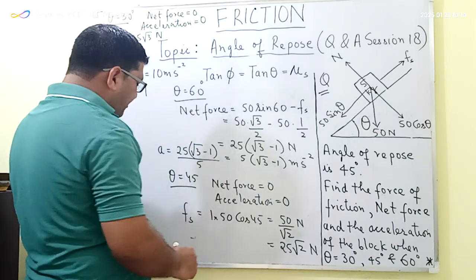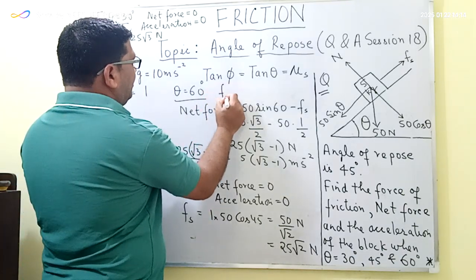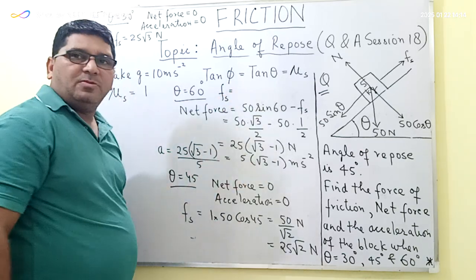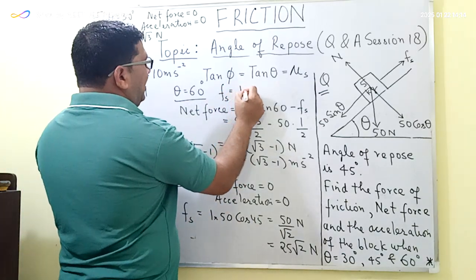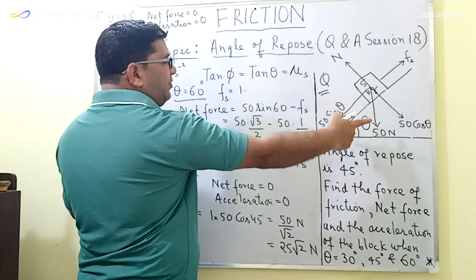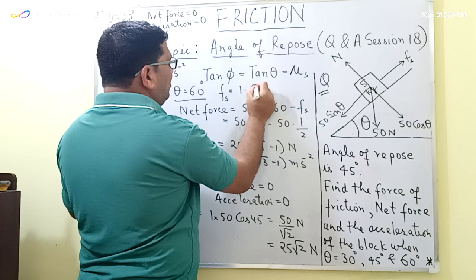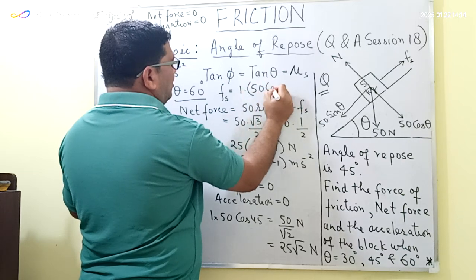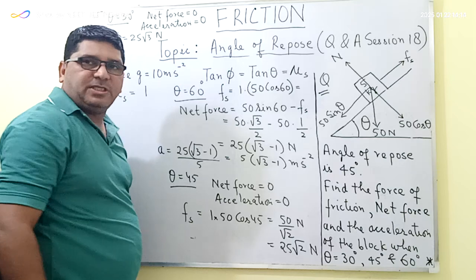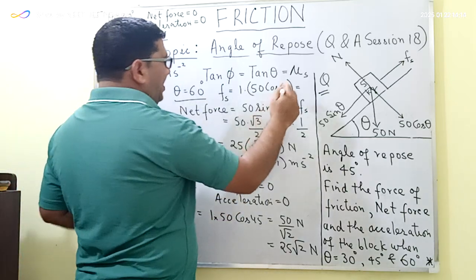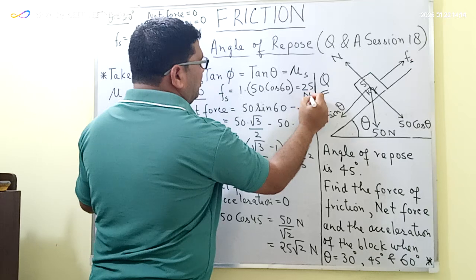Now the force of friction, Fs, will be equal to mu s into n. So mu s is equal to 1, and the normal reaction is equal to 50 cos 60, and the value of cos 60 is equal to 1 by 2. So this will be equal to 25 newtons.